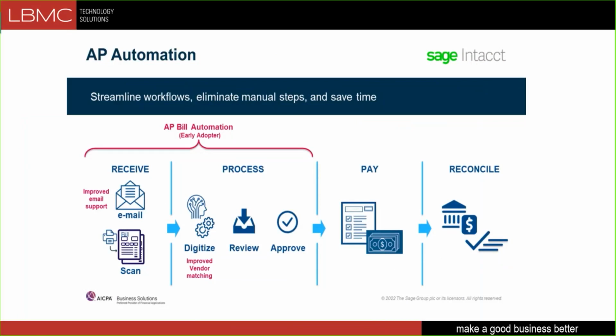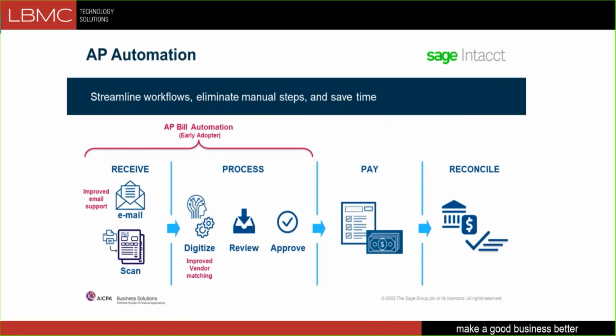Intacct is focusing on automation, as is the world, and they're trying to eliminate manual steps. This early adopter program is available for you to enroll in, I believe. If you're interested, please reach out to LBMC, submit a ticket, and ask about it, and we'll get more information for you.